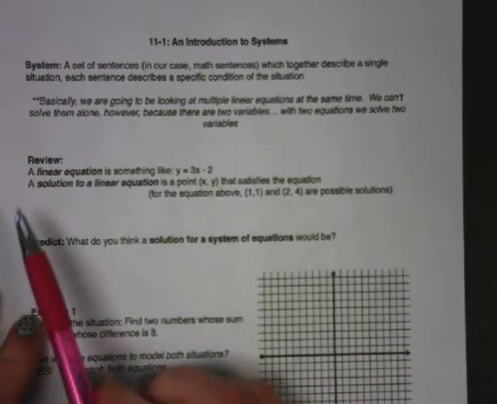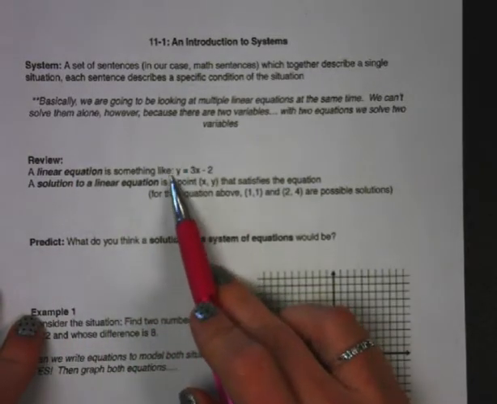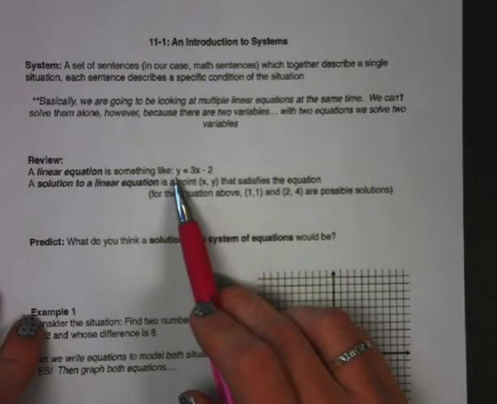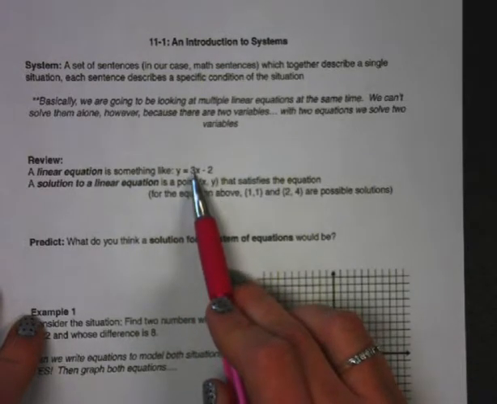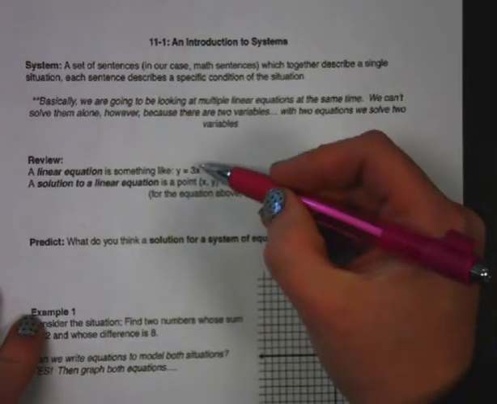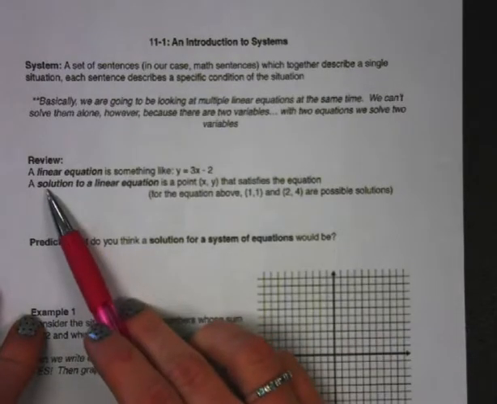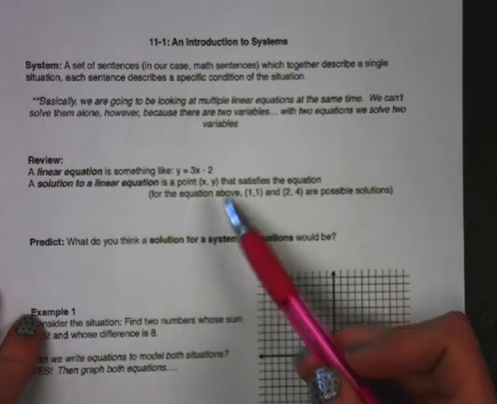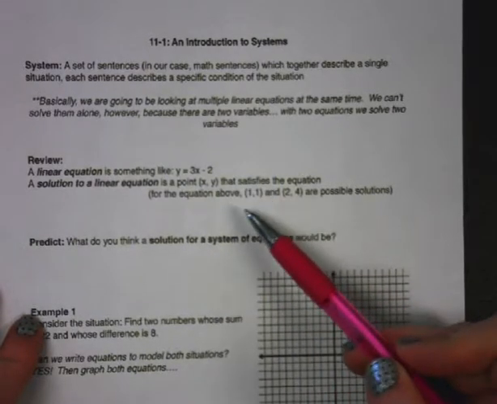So a little bit of review. A linear equation is something like this. If you remember, we had multiple forms. This is slope-intercept form, because we have our intercept and our slope. Here's our y and our x. X is to the power of 1, which makes it linear. A solution to a linear equation, if you remember, is a point (x, y) that satisfies the equation, meaning it makes it true.